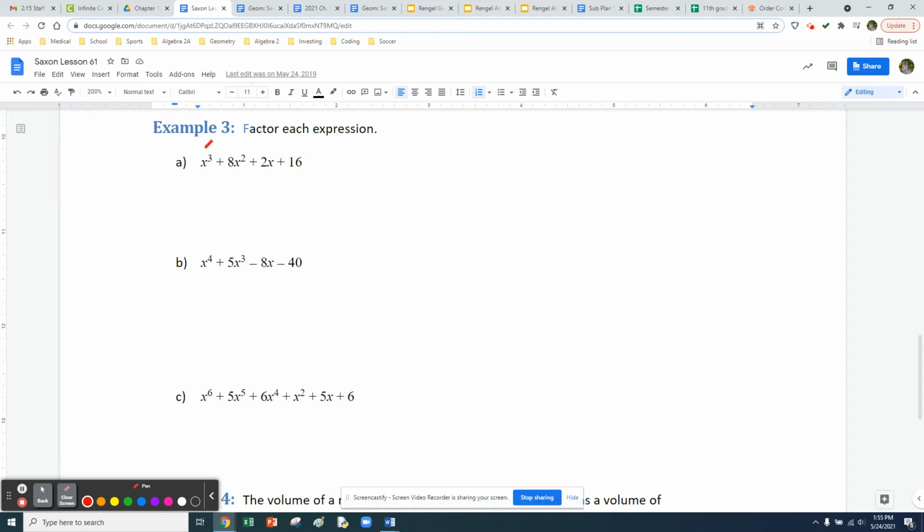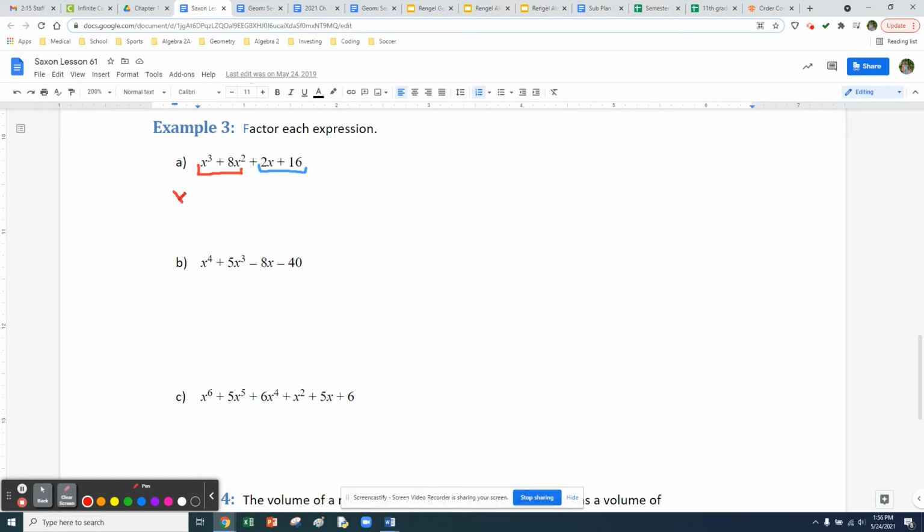When we're factoring by grouping, we look at the first half of our polynomial, these 2 terms, and then the last half, these 2 terms, and look for a GCF in each case. If I look at x to the third and 8x squared, they don't have any numbers in common, but x to the third and x squared each have an x squared in common.